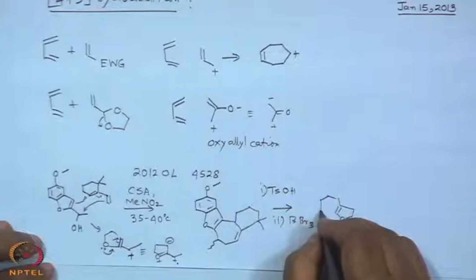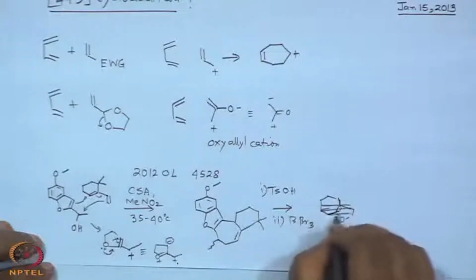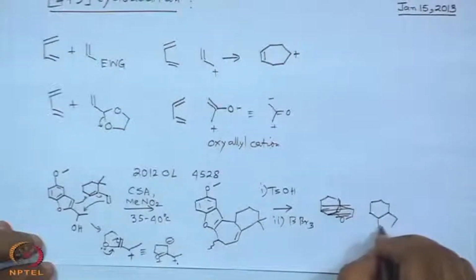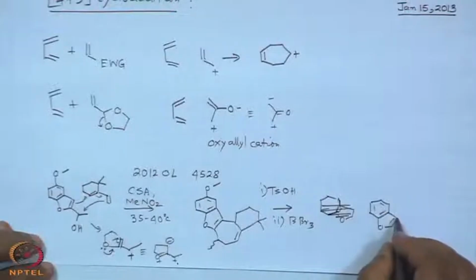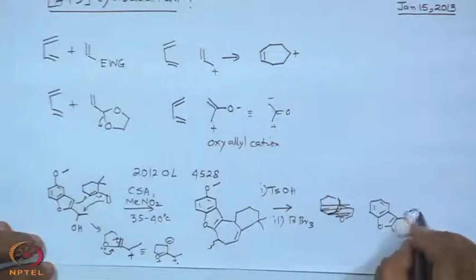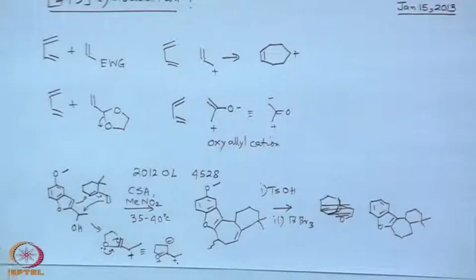Sorry, I better write the 6-membered ring first, then the furan ring system, you have a double bond, this and a 7-membered ring, then you have a 6-membered ring, 2 methyl groups here, and what else would you like to see? Something else, what else?